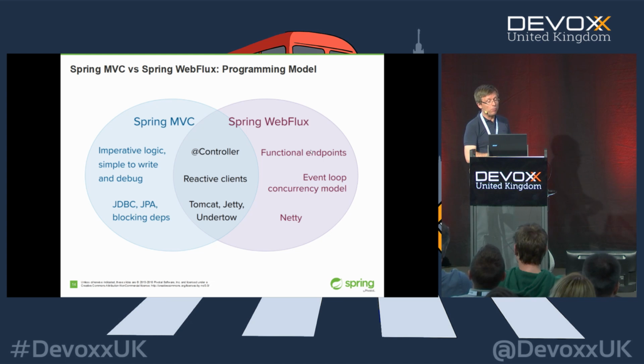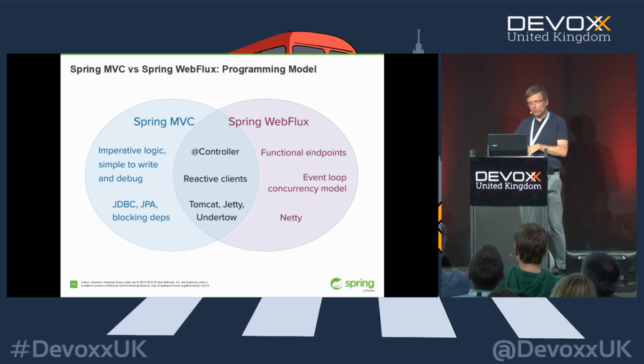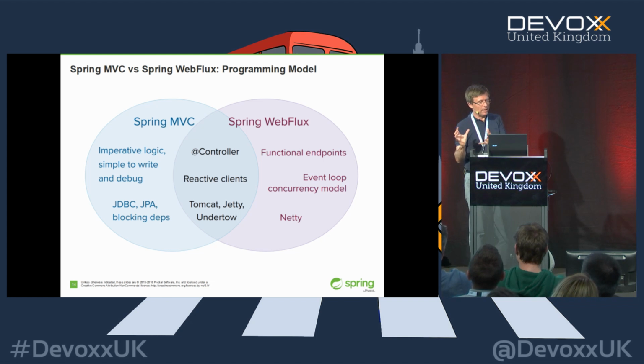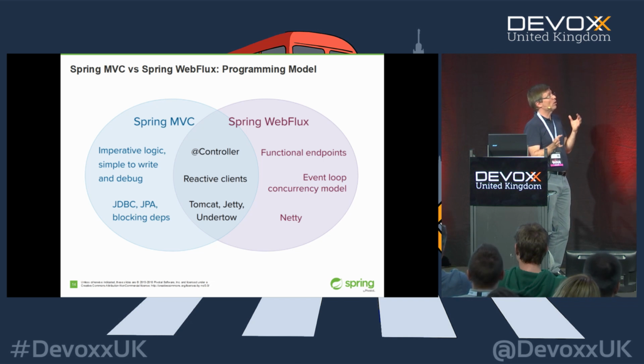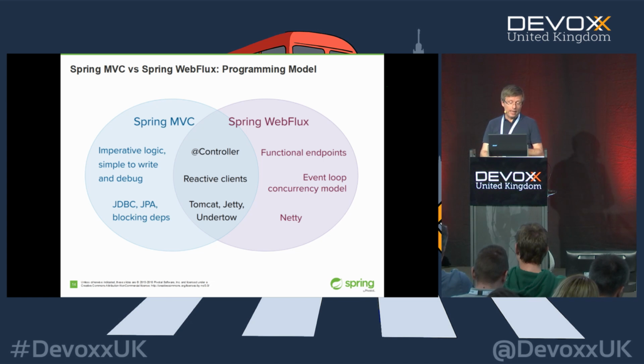On the other side, we have WebFlux. WebFlux, in its pure incarnation, is an event loop-based stack with Netty or Tomcat, Jetty as reactive stack underneath the covers. So it's an event loop-based server stack. It has an annotation-based usage model like Spring MVC, but it also has a functional registration model. They actually share quite a lot of design elements.